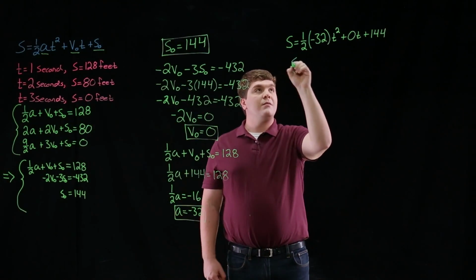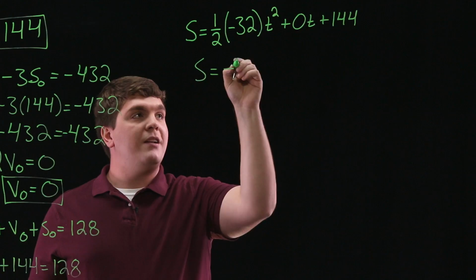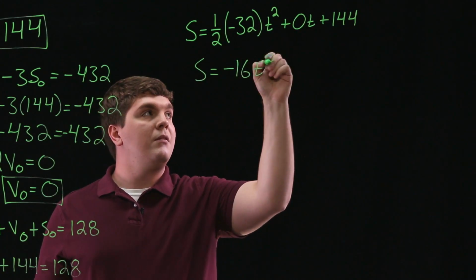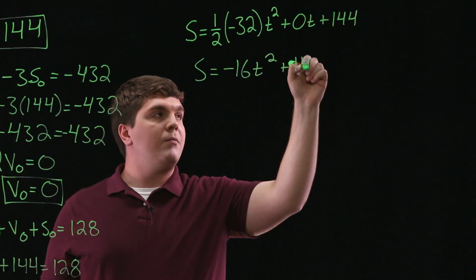So our position equation is S is equal to negative 16 t squared plus 144.